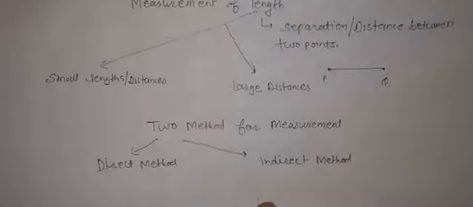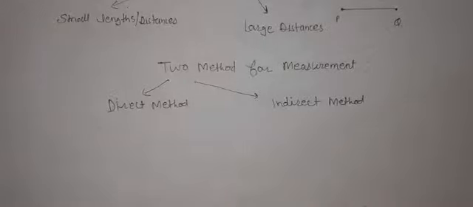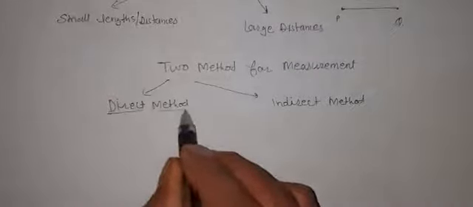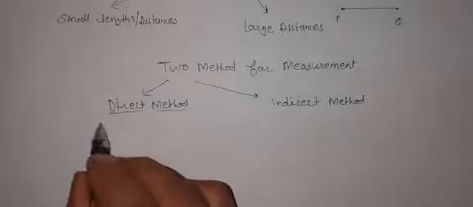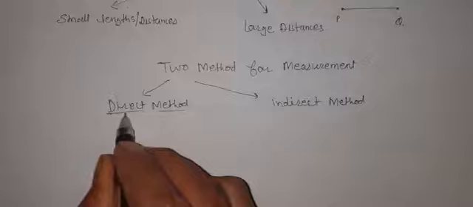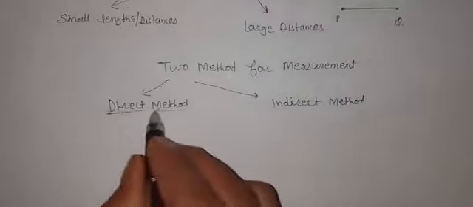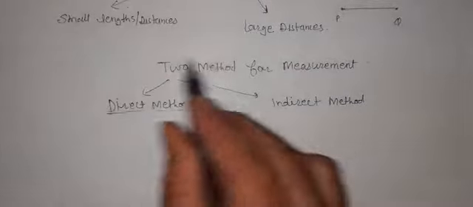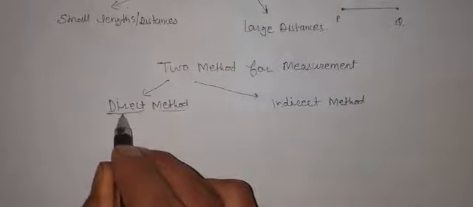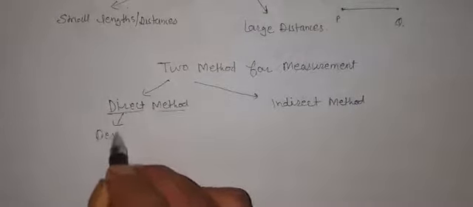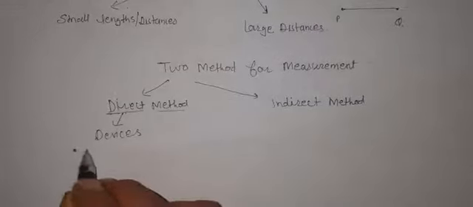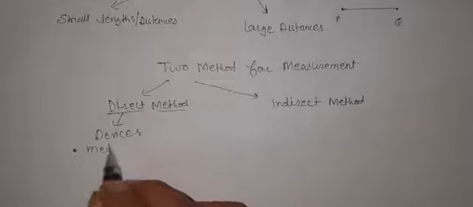Now, let us see where we use the direct method. Students, the devices by which we can measure distances directly are called direct method devices. Over here, we use the meter scale.